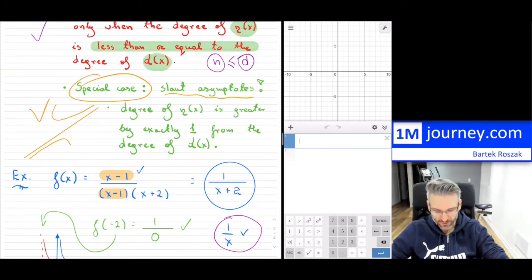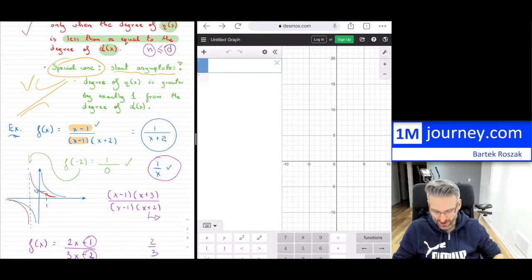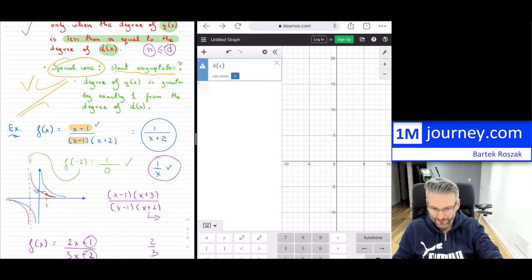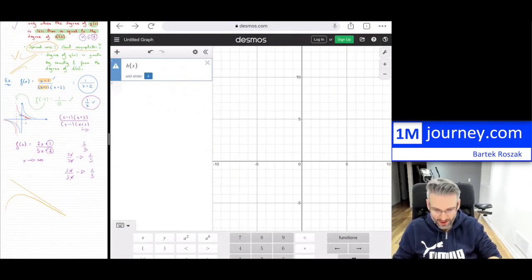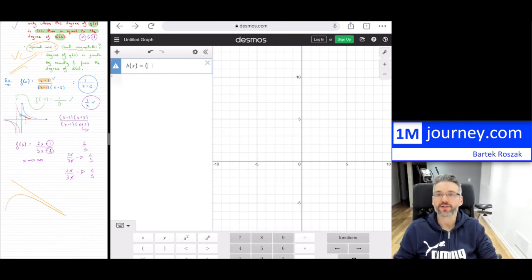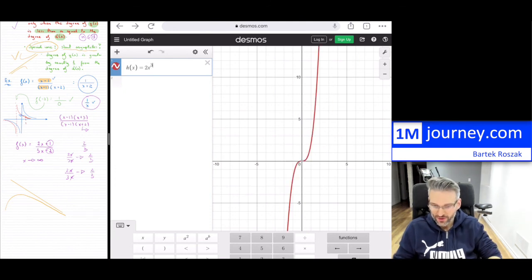So I'm just going to show you here, say h of x. This is our last example. So let's make it 1 degree higher. Let's put a random one: x to the 3, plus 2.